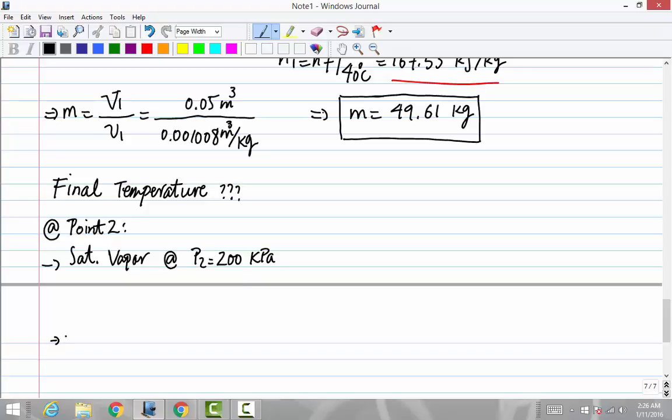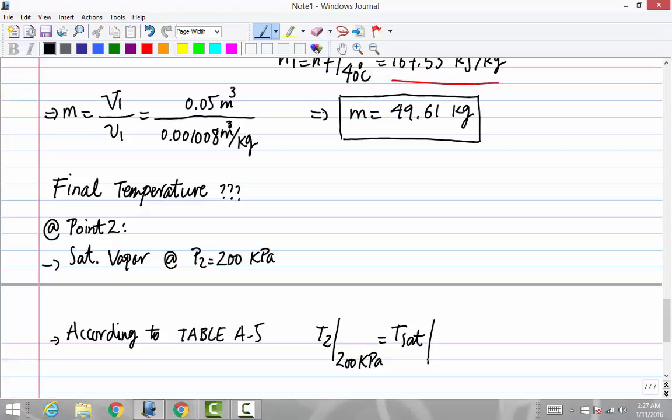So according to table A-5, which was about pressure, T2 is going to be the saturated temperature, because we're talking about saturated vapor, right?